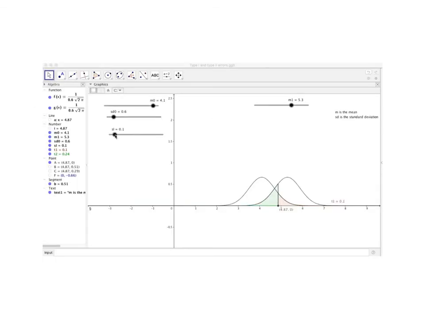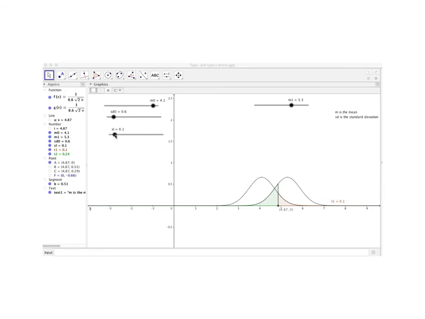One interesting observation is about how these type 1 and type 2 errors are linked. Assuming this one is the distribution under H0, but this one is the true distribution in the case when H0 is rejected.